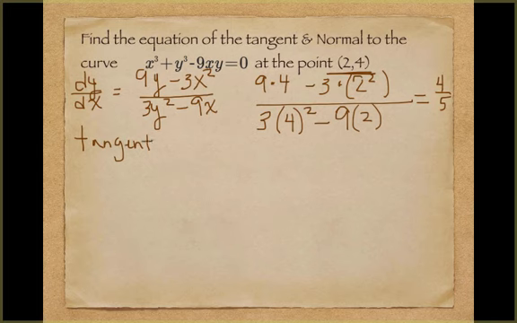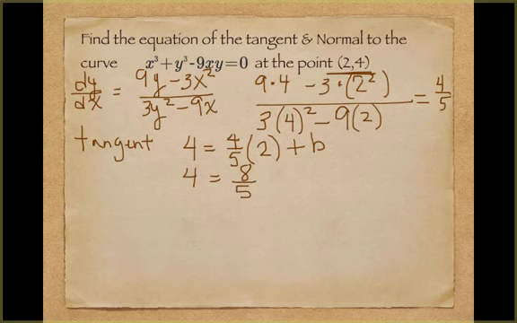So I'm going to use y equals mx plus b. My y is 4. My slope is 4/5. My x is 2. And I need to find my b. So I have 4 equals 8/5 plus b.